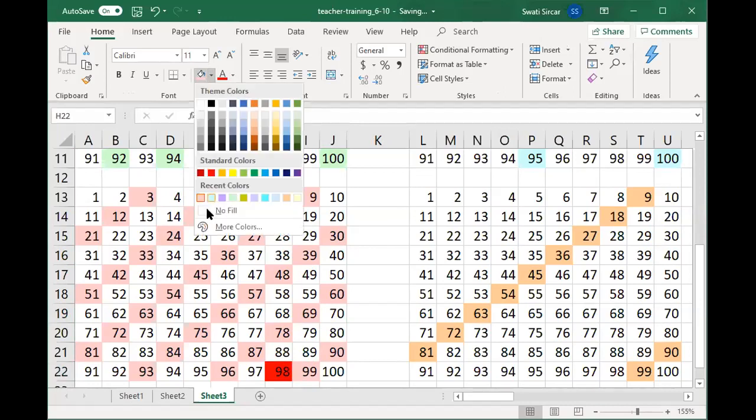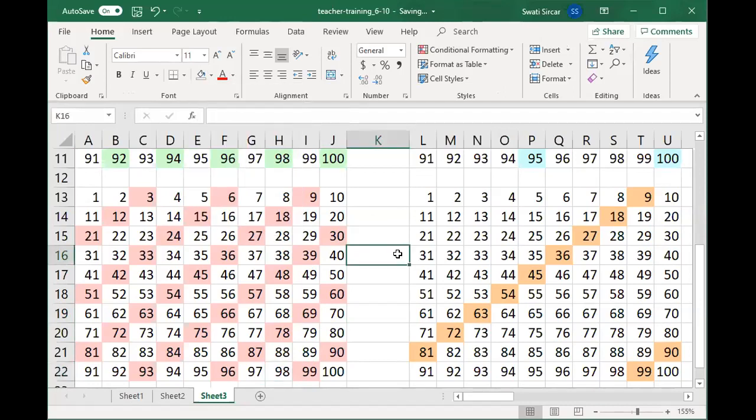When you go along any of these diagonals, what exactly happens?